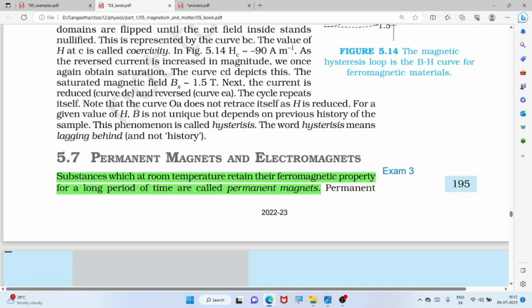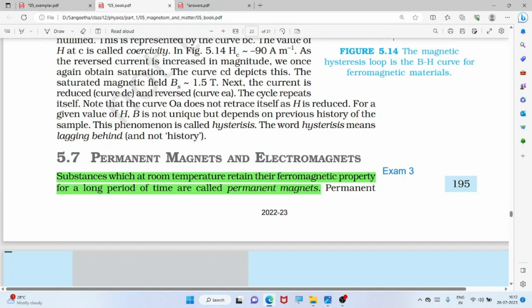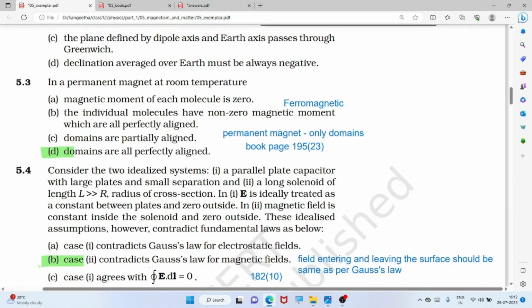Substances which at room temperature retain the ferromagnetic property for a long period are the permanent magnets. So the ferromagnet deals with the domains only, not the individual molecules.